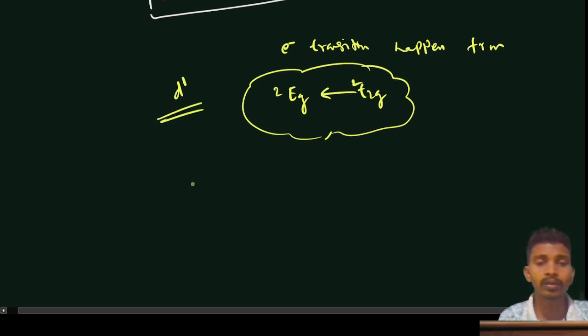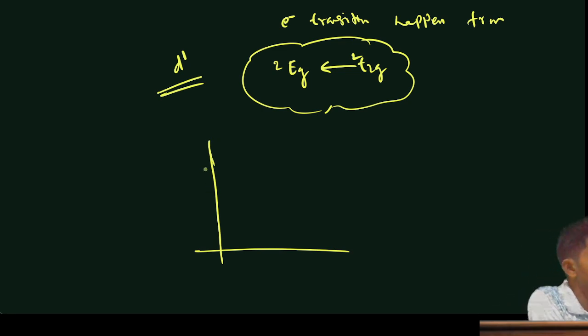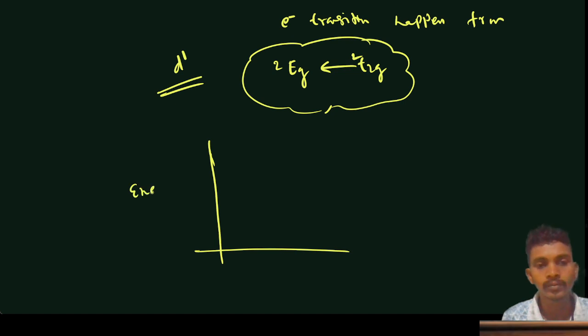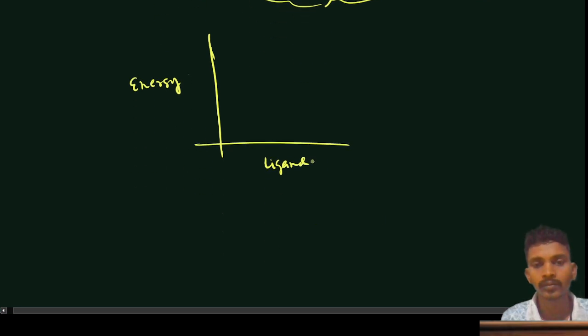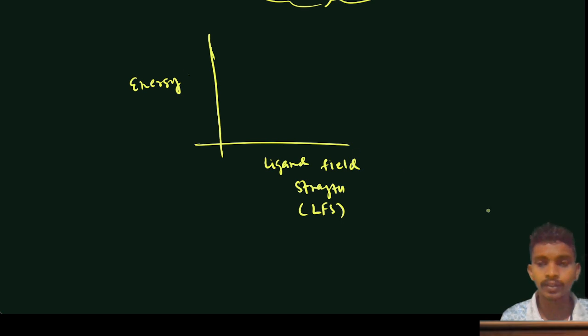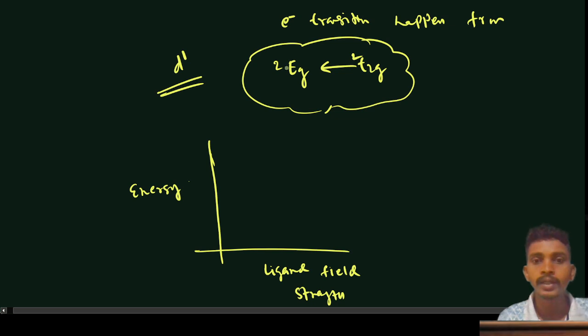So how will I draw the Orgel diagram for this? Here this is the energy, and this is the ligand field strength, that is LFS. Now I want to draw the Orgel diagram for this. Here the electron transition is happening from EG to T2G.